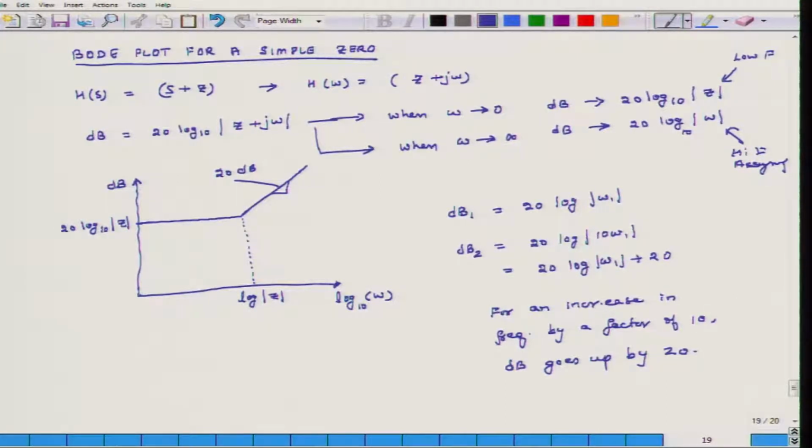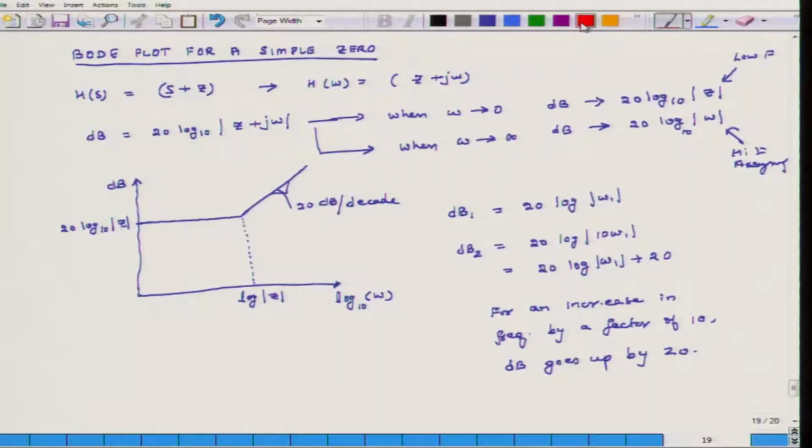Actually, I am going to write it at a different location. So, this slope is 20 dB per decade, decibels per decade. And finally, we would like to see the actual response curve.